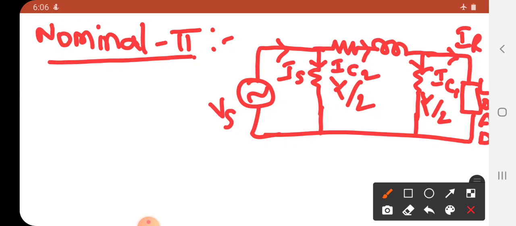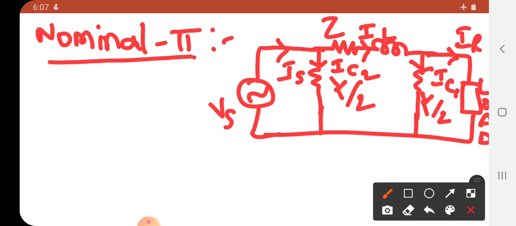This is IL, that is the current flowing in the transmission line, and here as usual the impedance is there. That is, the shunt admittance is assumed to be lumped at both ends of the transmission line.